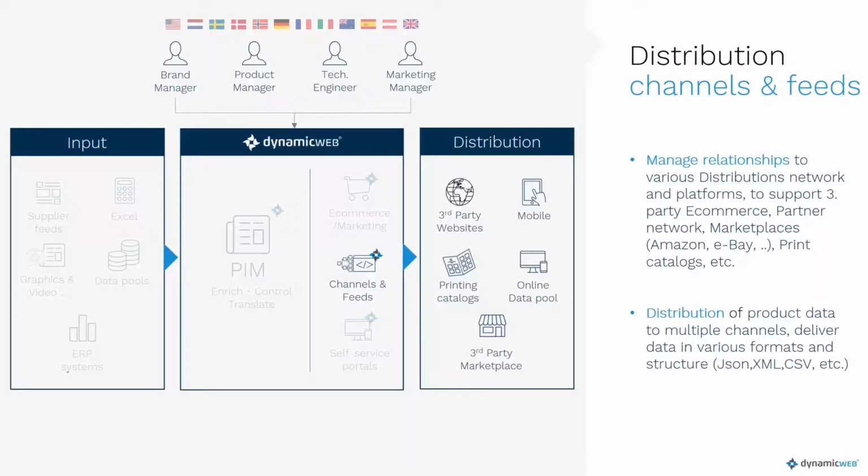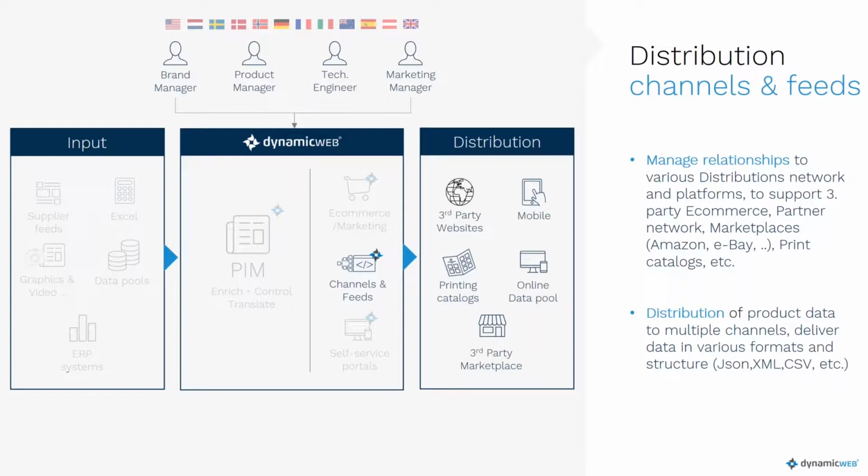Now, if you take a schematic overview of Dynamicweb PIM, we can see this area dimmed because this is the raw PIM area and the e-commerce. Because the PIM module in Dynamicweb is placed on the same platform as the e-commerce and marketing modules, of course we have direct access to this e-commerce.